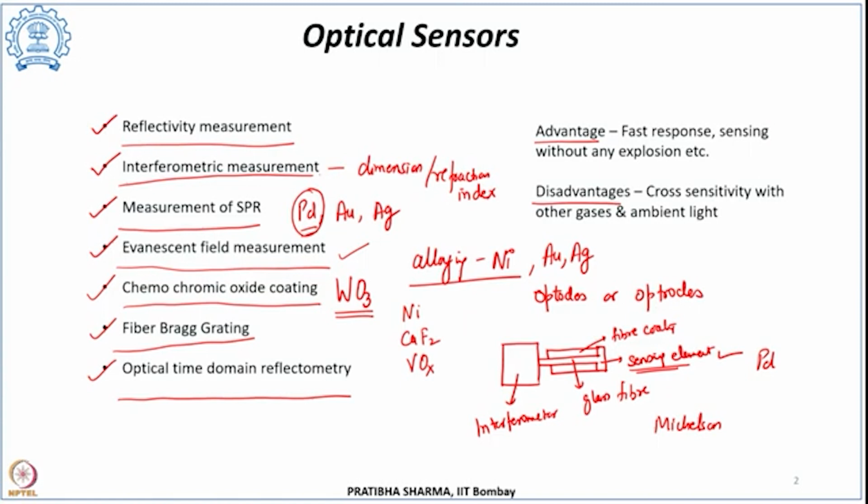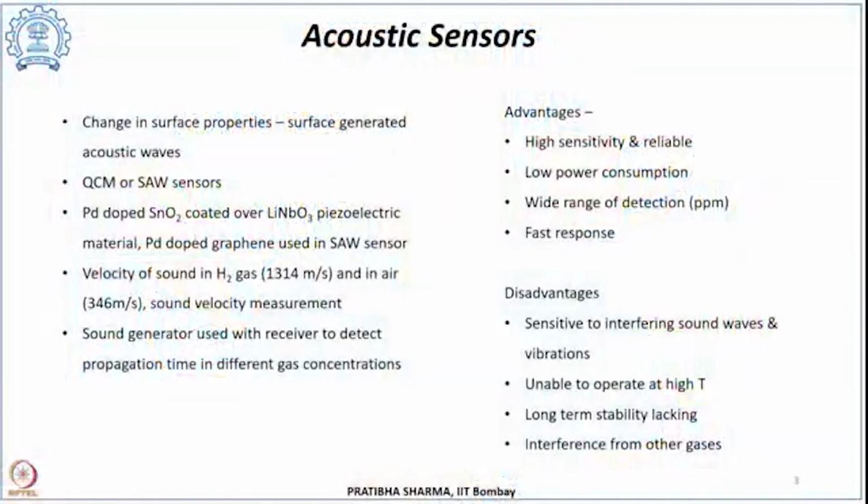Now another type of sensor could be acoustic sensors. These acoustic sensors are based on the change in the surface property of the piezoelectric material, and that generates a surface acoustic wave.